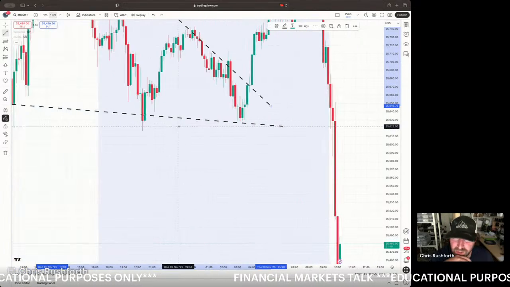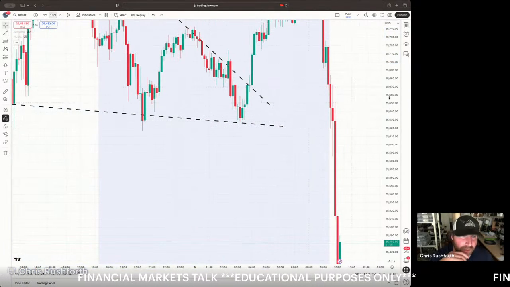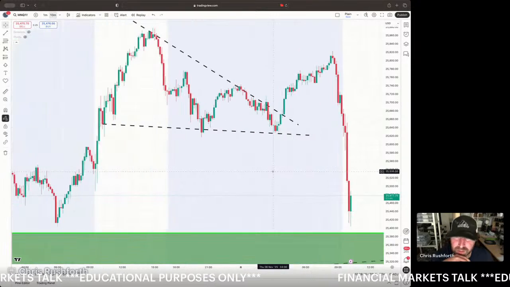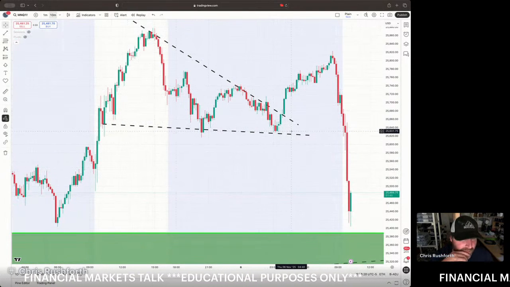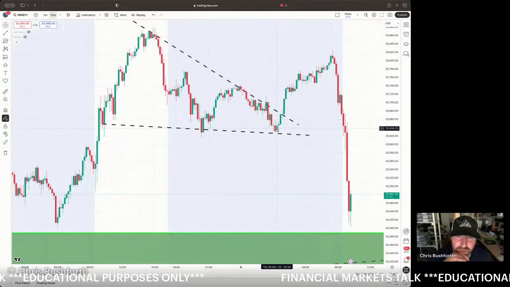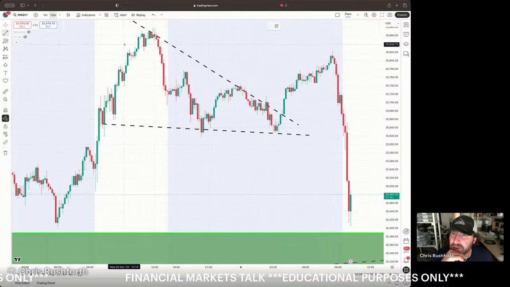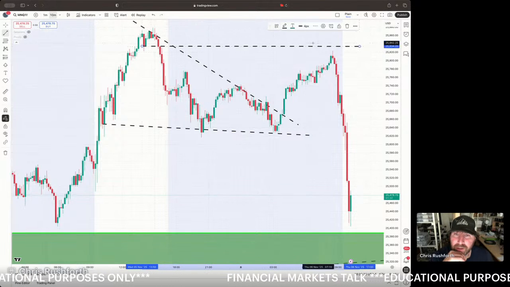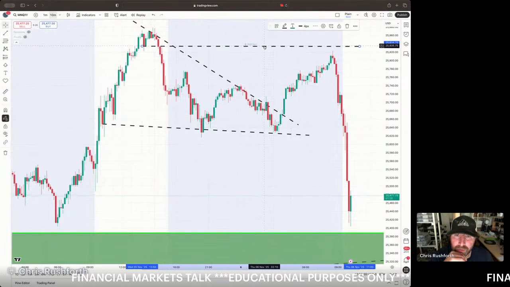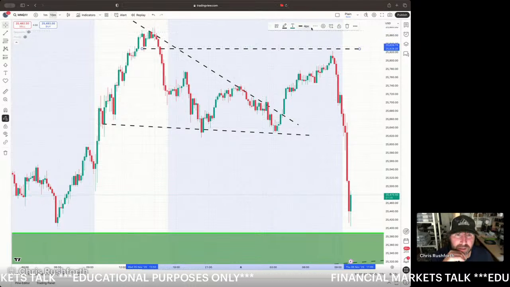So if you were awake at 3 a.m. this morning, most people wouldn't, but if you were, you could have said, here's my structure, here's my trigger candle, and right around this area, it's my target.